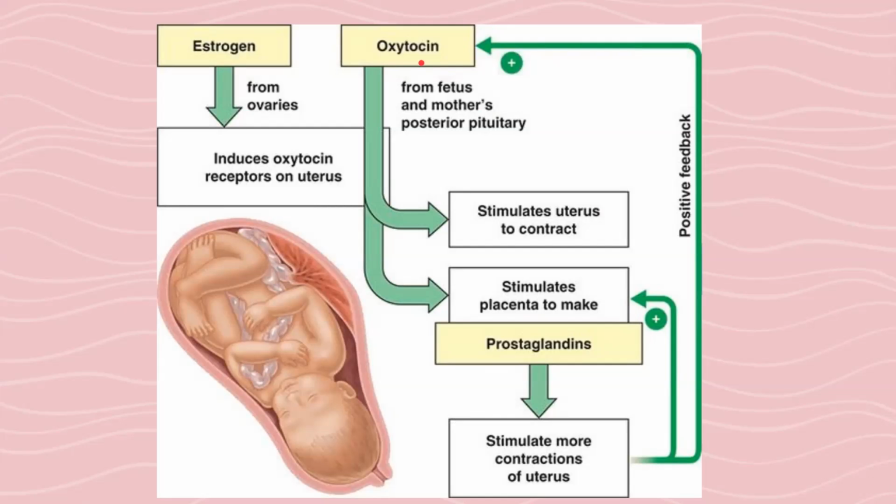And so oxytocin is going to be secreted from the pituitary gland. It's going to stimulate the uterus to contract directly by binding to receptors on the uterus. It's also going to stimulate the placenta to make prostaglandins, and prostaglandins stimulate contractions. And then that has a positive feedback because the contractions actually stimulate the release of oxytocin from the pituitary.